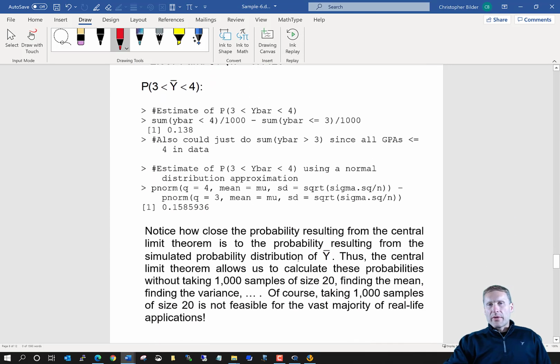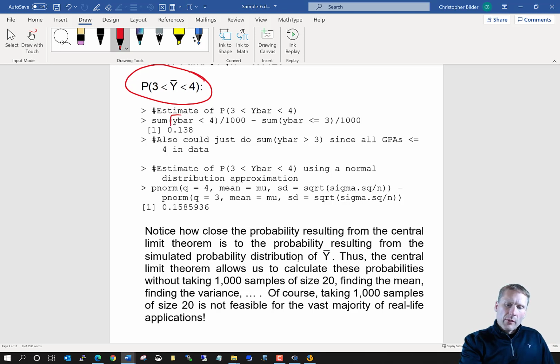Well, what about probabilities now associated with this approximate normal distribution? Let's first take a look at the probability that the sample mean GPA is between 3 and 4 by thinking in terms of these 1,000 simulation values.